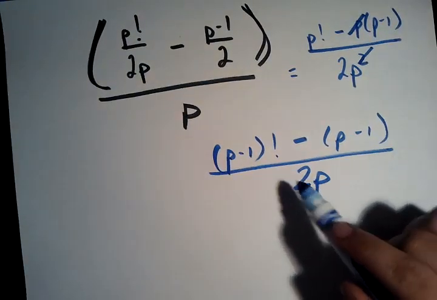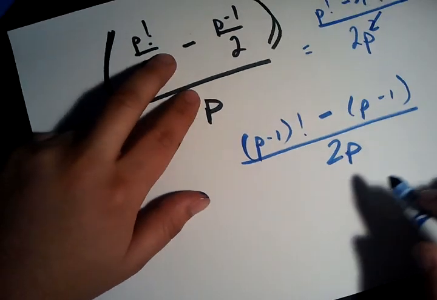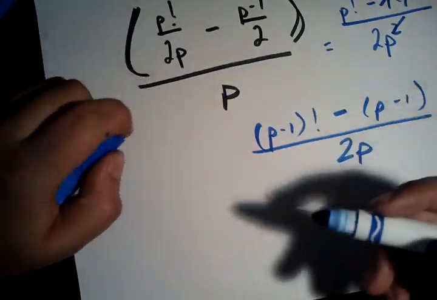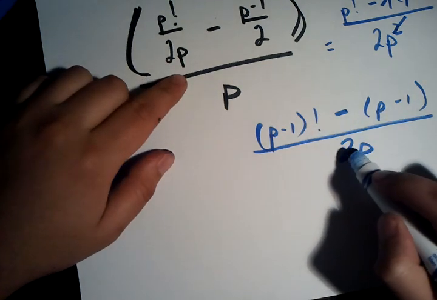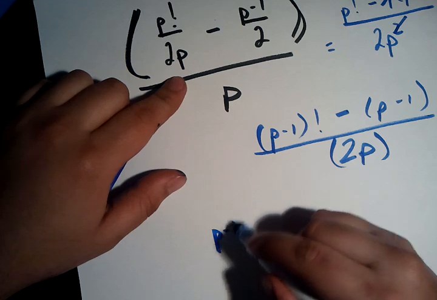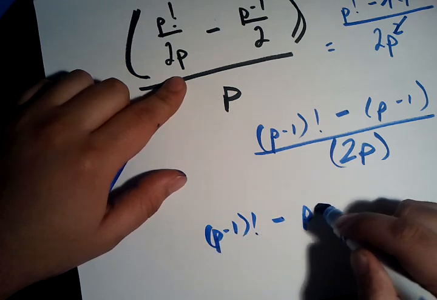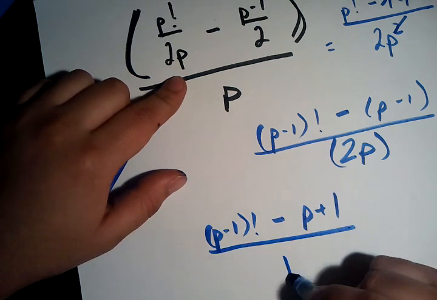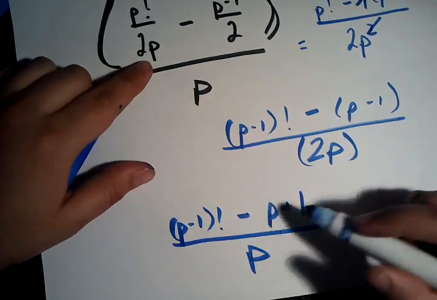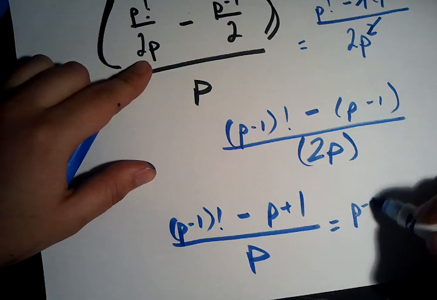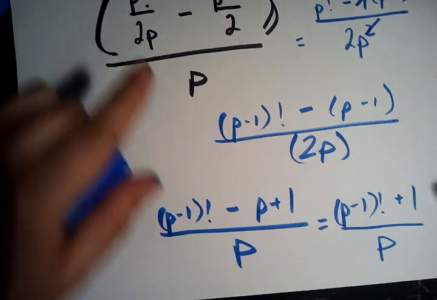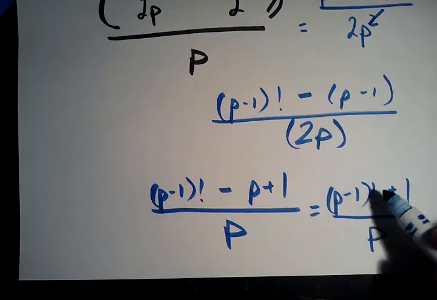Notice that 2p divides this quantity, and if 2p divides something, then p also divides it, because if 2p divides it, that means 2 divides it and p divides it. So p divides p minus 1 factorial minus p plus 1. And it's pretty obvious that p divides p, so we can take it out. So p divides p minus 1 factorial plus 1.